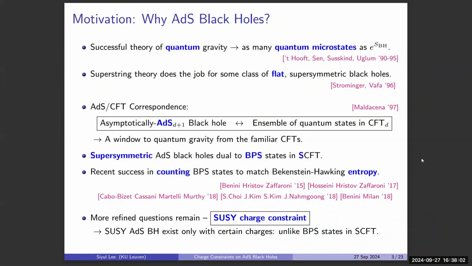And this relation is often phrased in terms of Z equal to Z: the partition function for the gravitational theory is equal to the partition function of the CFT, which is a sum over many quantum states in the Hilbert space. So here ensemble means a set of quantum states which have the same thermal quantum numbers as the black hole.